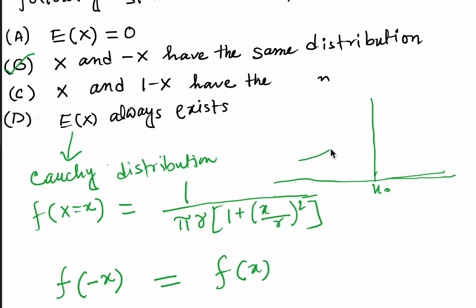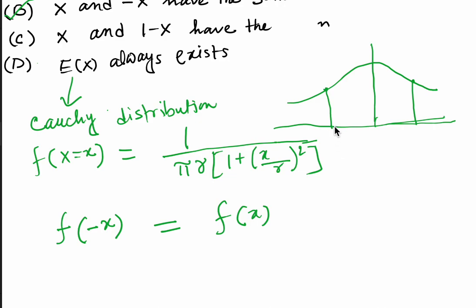If you draw a distribution which is symmetric about 0, you will see that the density at plus x and minus x is the same.